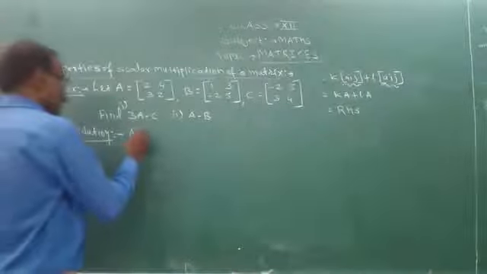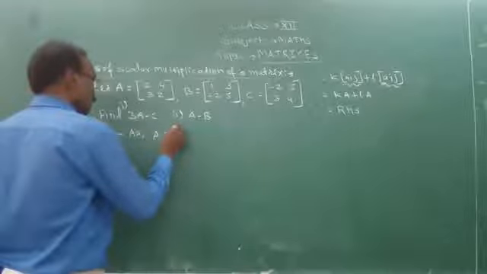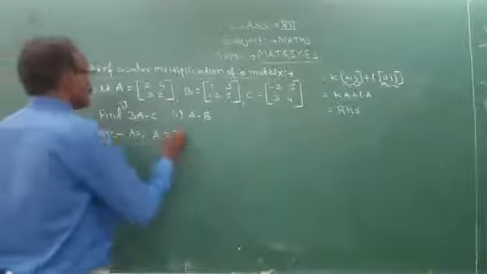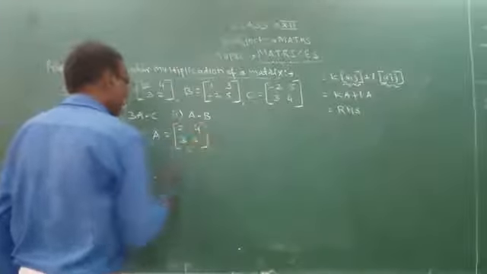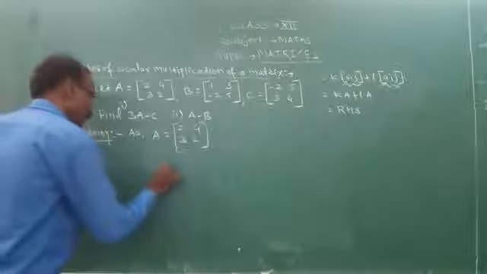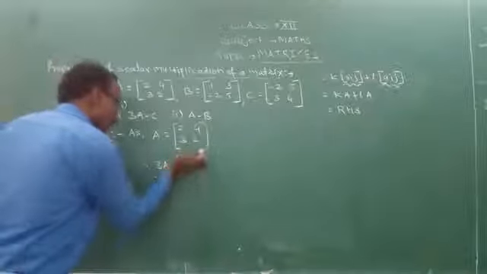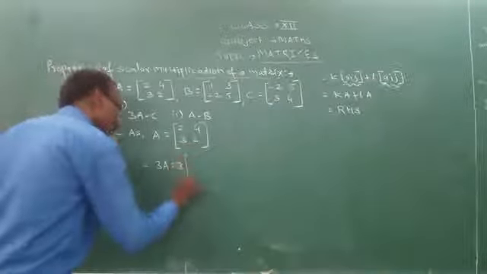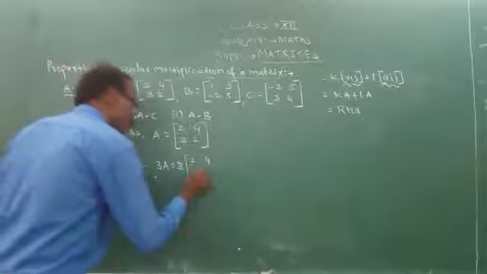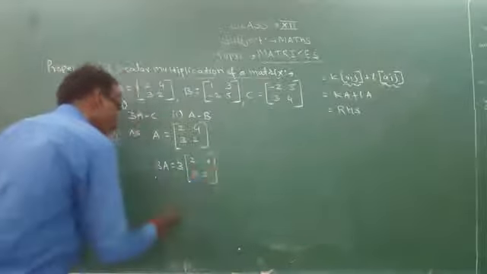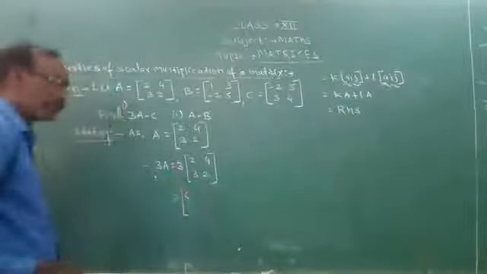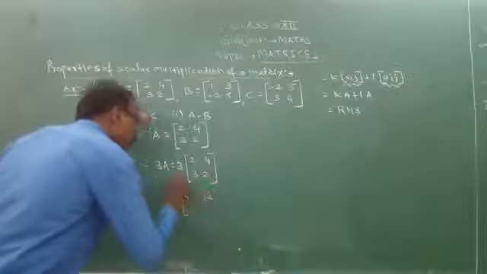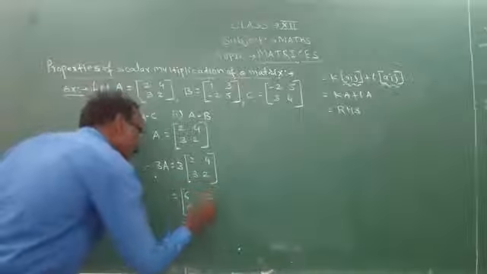As A equals 2, 4, 3, 2, therefore 3A equals 3 into 2, 4, 3, 2. That is 3A equals 3 twos are 6, 3 fours are 12, 3 threes are 9, 3 twos are 6.